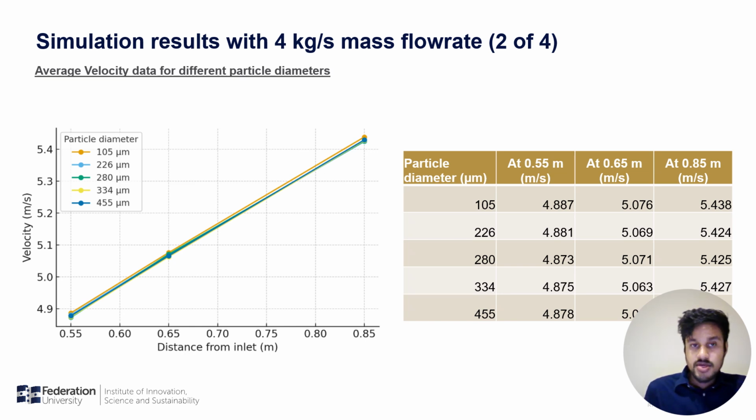Then same as previous, when we plot the average velocity data obtained after volume fraction cutoff versus distance from the inlet, it shows that even though they start with the same velocity, when they reach 0.85 meter at the bottom, smaller particles reach slightly higher velocities than other particles.